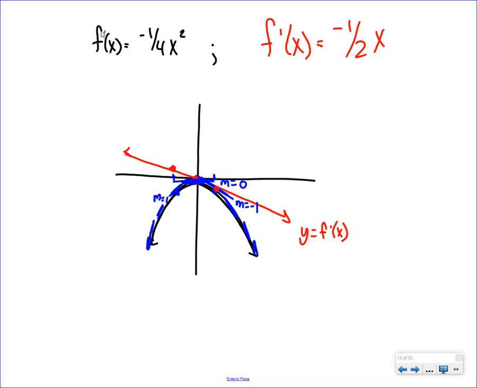Because remember, this is like a 0 slope, this is like a 1, maybe a 5, maybe a 10, maybe a 20, maybe a 50, maybe a 100. The slopes need to be going up. So the parabola, yes, its y values, well, technically you're supposed to read this way. So the parabola is increasing, but its slopes are decreasing to 0, and then it keeps on decreasing to bigger and bigger negative numbers.